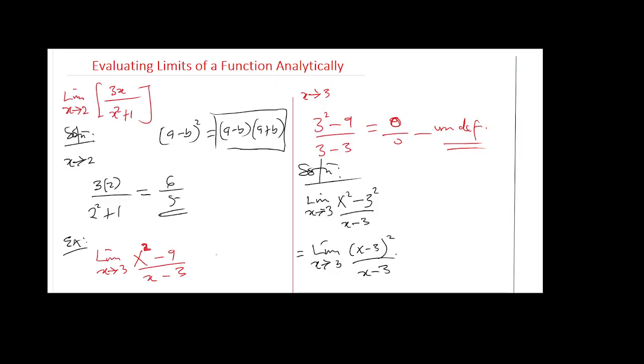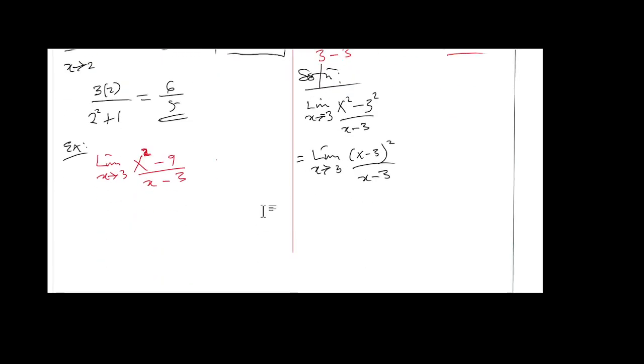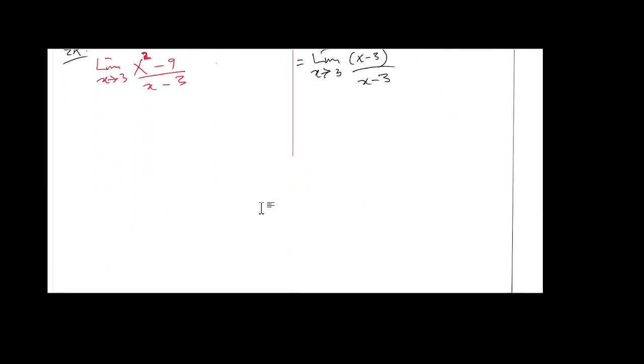So if we have that at the top, we can have the function evaluated further. We are going to have the limit as x approaches 3 of x minus 3 multiplied by x plus 3 all over x minus 3.